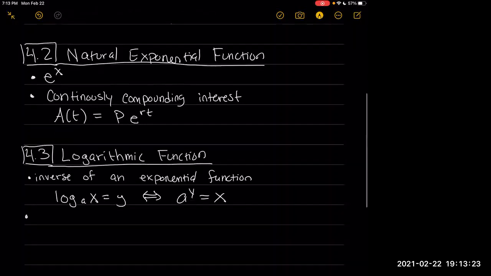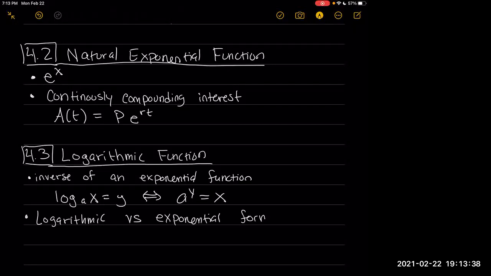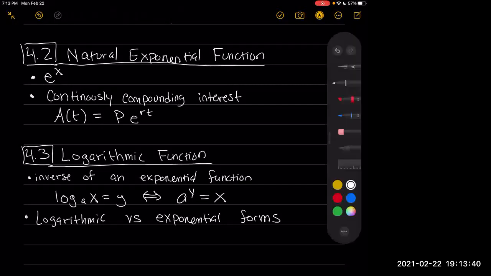We learned about the difference between the logarithmic versus exponential forms. As we can see above, log a of x equals y is the logarithmic form, and a raised to the y equaling x is our exponential form.